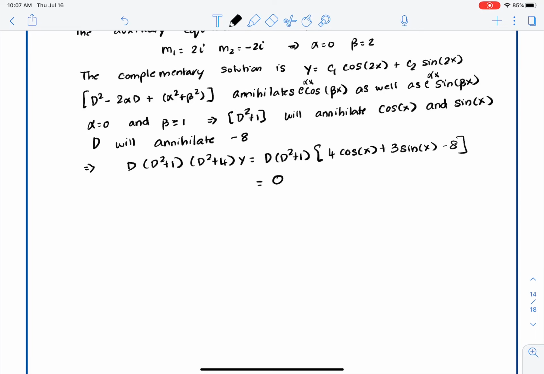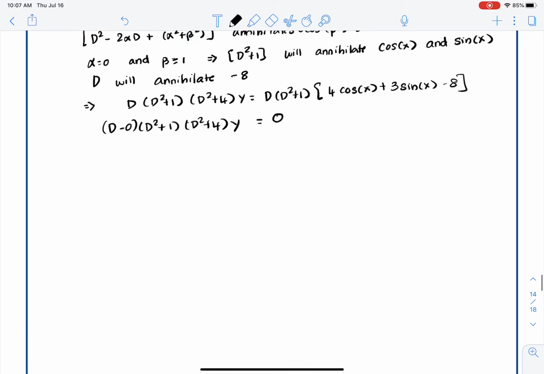And that would become 0 because D times D squared plus 1 will annihilate the right-hand side. So I could write D minus 0, D squared plus 1, D squared plus 4 times y equals 0.